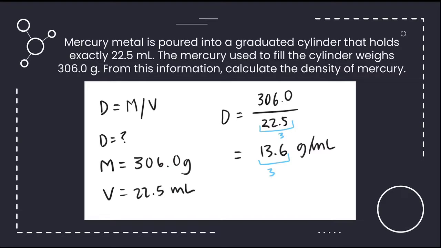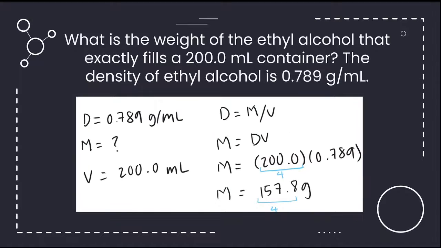Let's try another problem. What is the weight of the ethyl alcohol that exactly fills a 200.0 milliliter container? The density of ethyl alcohol is 0.789 grams per milliliter.